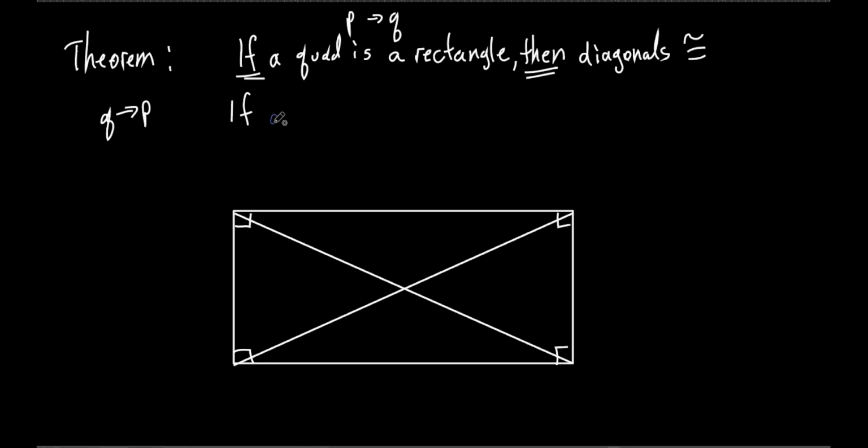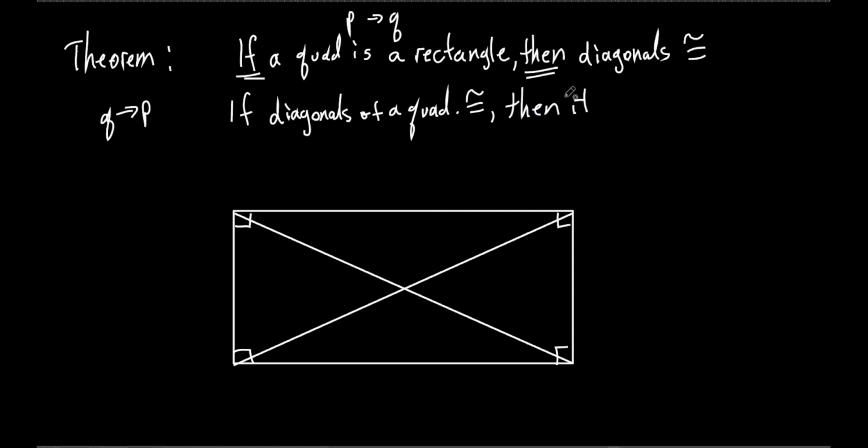That's right. If the diagonals, and let's just be a little more specific, if the diagonals, they say of a parallelogram, I think you could say of a quadrilateral, but it doesn't matter. So if the diagonals of a, let's just say quadrilateral, they say parallelogram, but I think, if I'm not mistaken, we're okay, because if the diagonals of any quadrilateral are equal to each other, it has to be a rectangle. So anyway, if the diagonals of a quadrilateral are equal to each other, then what is that figure?